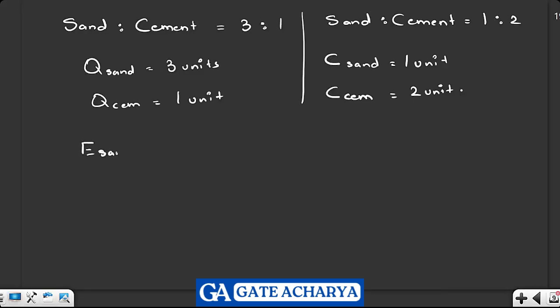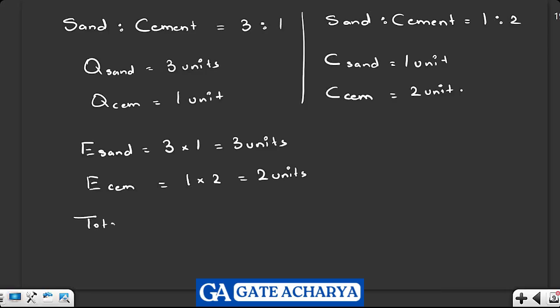Expenditure on sand will be quantity 3 into cost 1, so 3 units will be the expenditure. Expenditure on cement will be 1 into 2, that is 2 units. Now, total expenditure will be 3 plus 2, that is 5 units.